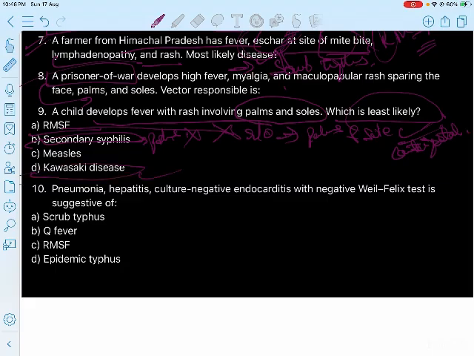Kawasaki disease also involves palms and soles. Now in measles, the rash starts in the face behind the ears, okay, and then spreads all over to the trunk, but the palms and soles are spared here in measles. Measles spares palms and soles, so this would be the answer here.